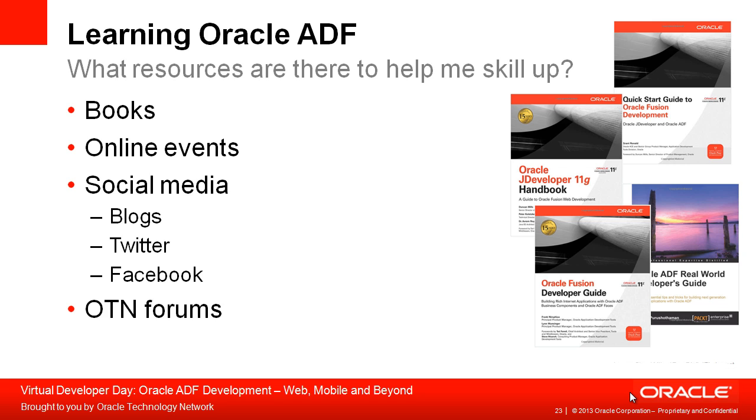And it's a good idea to get hooked into some of our social media channels. Many of our product managers and Oracle Aces have blogs or Twitter, and we have a feed on Facebook as well. And of course, if you need help, there is help through not just Oracle support, but our OTN forums as well that's available.